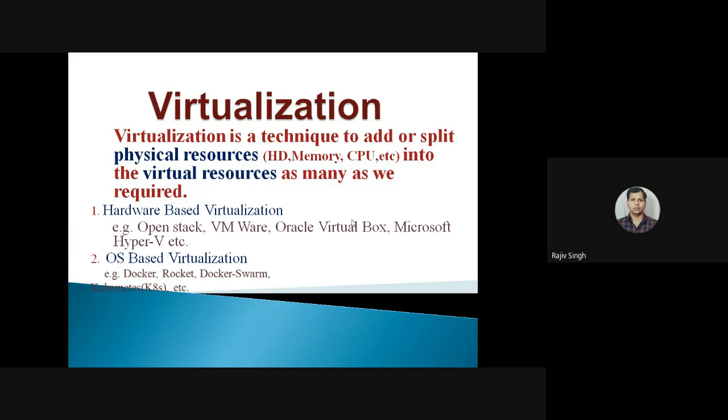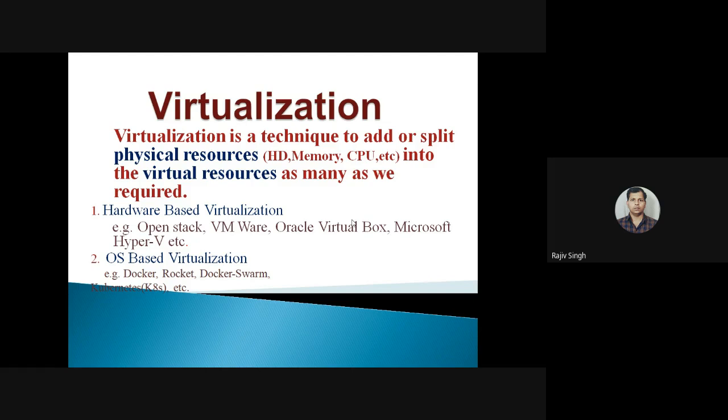In hardware-based virtualization, we have tools like OpenStack. OpenStack, which we are using in our organization, is a hardware-based virtualization, and it is an example of infrastructure as a service. OpenStack is providing the infrastructure for our application. VMware is also an example of IaaS and hardware-based virtualization.